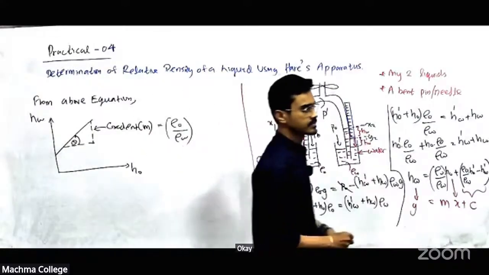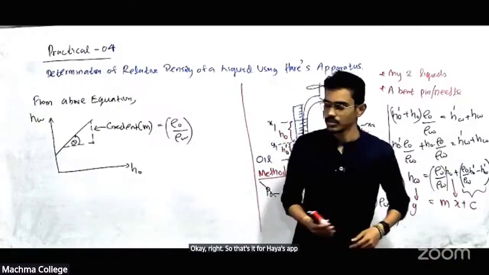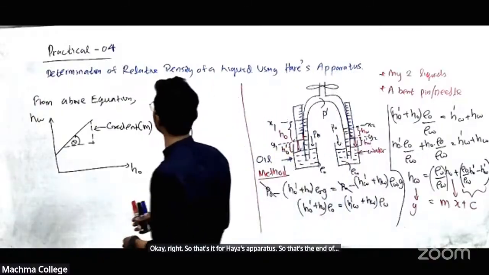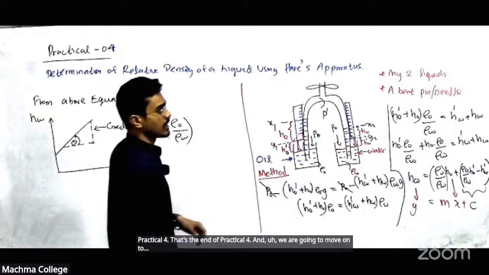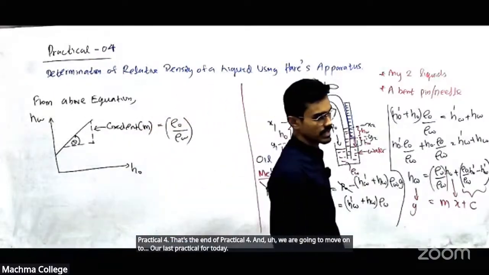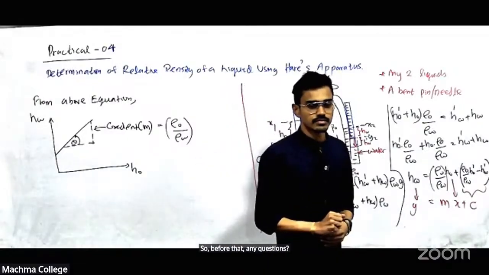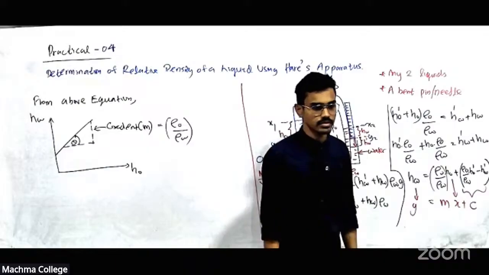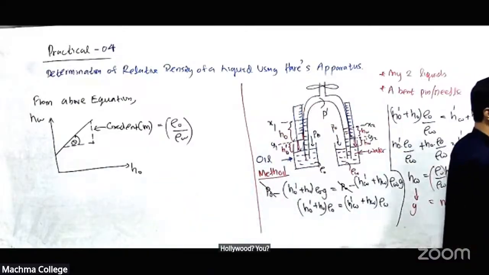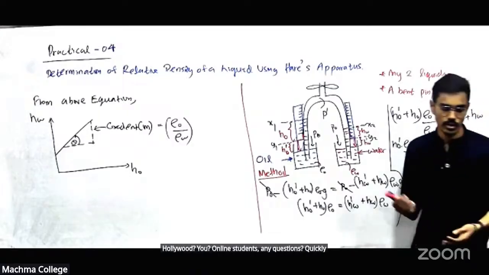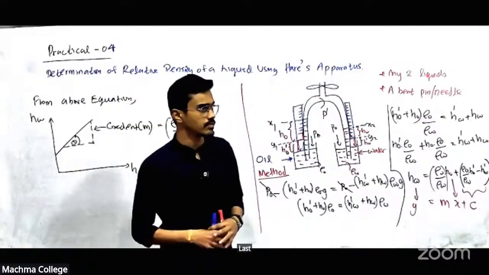Okay, right. So that's it for Hare's apparatus. That's the end of practical 4. And we are going to move on to our last practical for today, practical 5. So before that, any questions? Understood? All good? Online students, any questions? Quickly, before moving on to practical 5, last practical for the day.